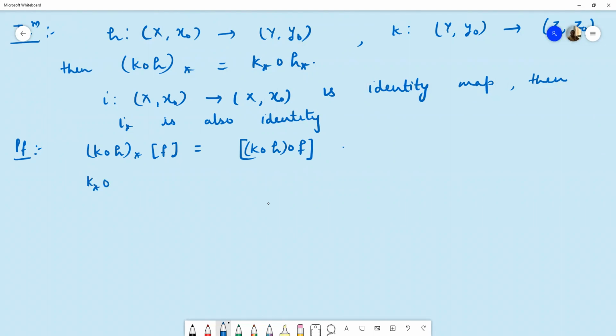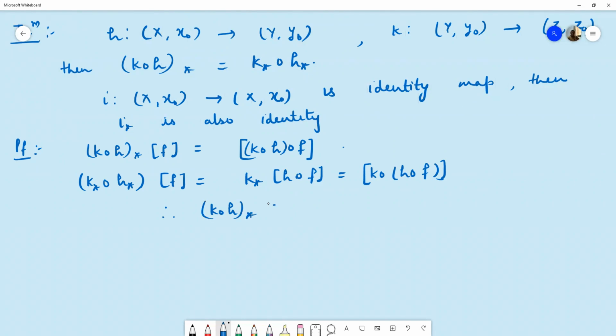Now this is the left hand side, and now we will take the right hand side and we apply firstly H* on this F, and we will get H∘F, and then we apply K*, then we will get K∘H∘F. And by associativity we know this K∘H∘F is homotopic to K∘H∘F, so their homotopy classes are the same, which means these two are the same. So we can say that (K∘H)* is K* ∘ H*.